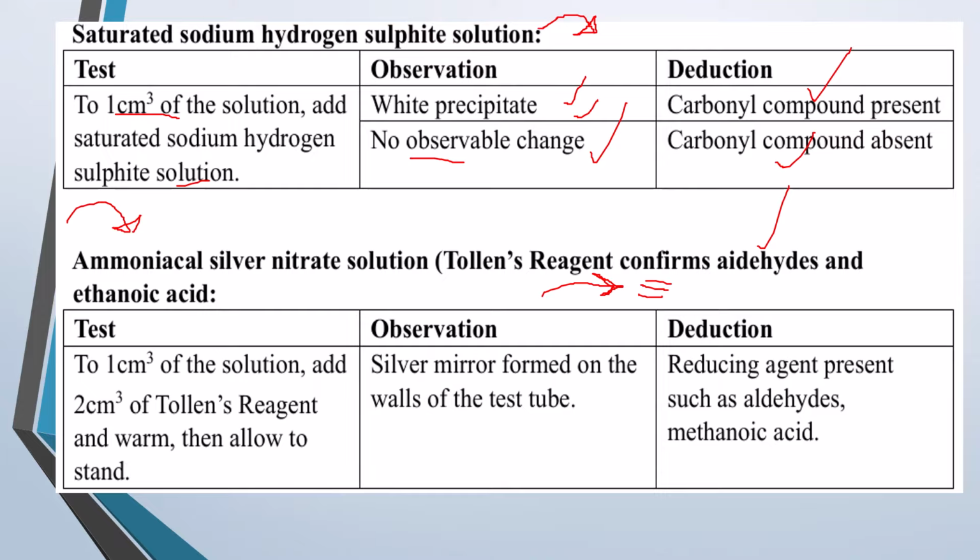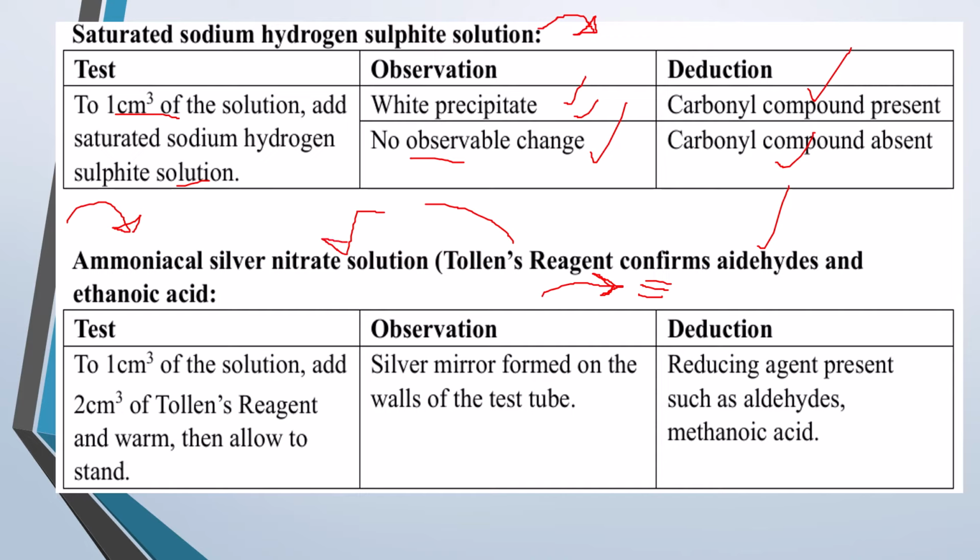So if we anticipate an aldehyde or methanoic acid to be present, we use Tollens reagent. Tollens reagent is the same as ammoniacal silver nitrate solution.